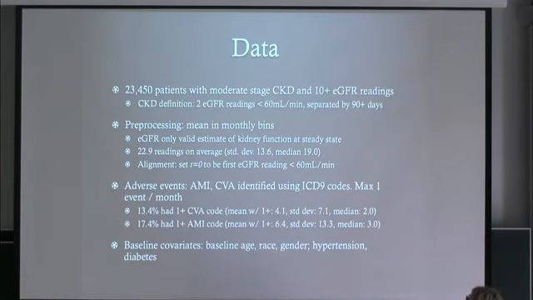So this was 24,450 patients. And we looked at their baseline covariates, which included their age and their race and their gender and whether or not they had diabetes, in order to use in this model.